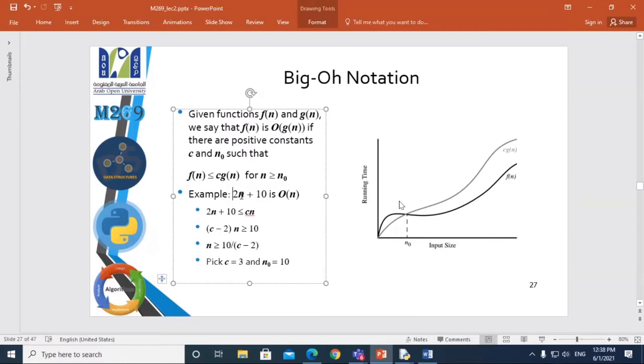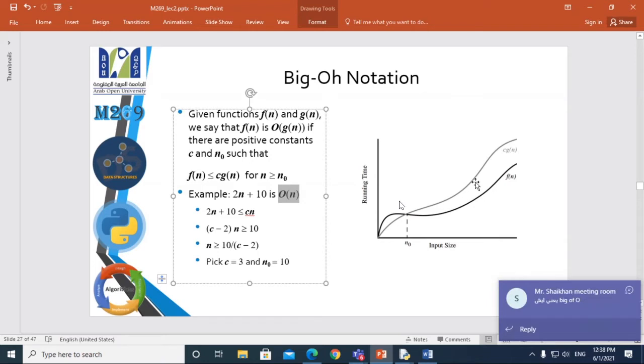If I have only one input, the 2 is still there, the 10 is still there. If I have 1,000,000 N, the 2 and the 10 are still there. So what is the affecting value here? The affecting value is the N.